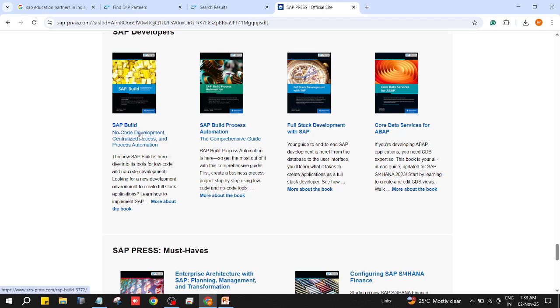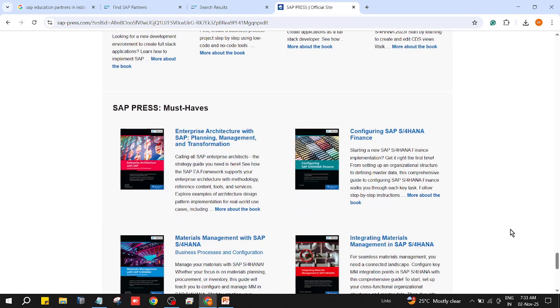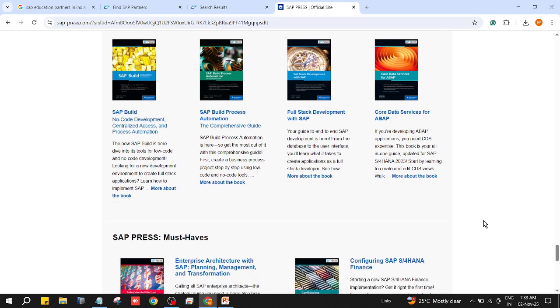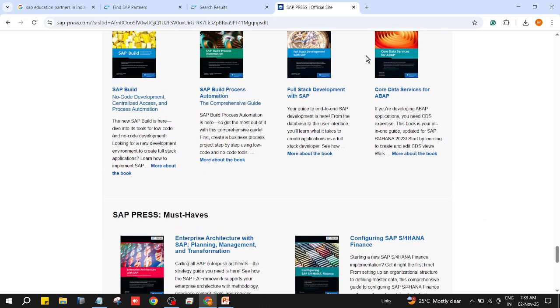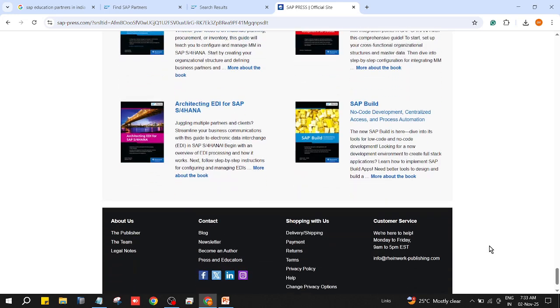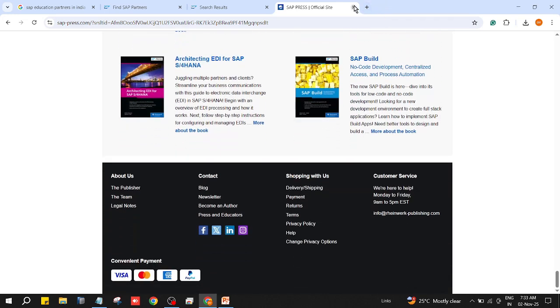Build and test. Earlier we used to say develop and test. The terminology changed here. So CDS, core data services, full stack development with SAP, completely front end and back end. The front end is Fiori apps and the back end is ABAP only. So these are all official press books available on every topic.